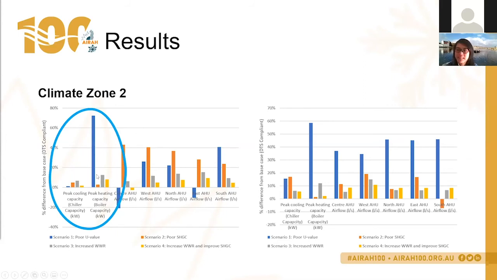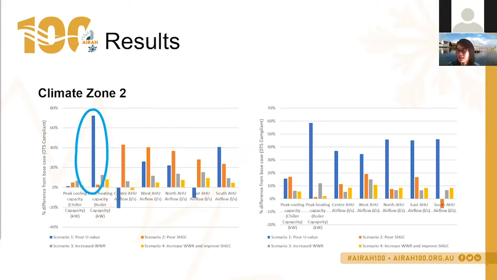This is particularly bad. You can see it's about a 75% increase in peak heating capacity for the boiler in Brisbane, in this case, which is not known to have a lot of heating requirements.